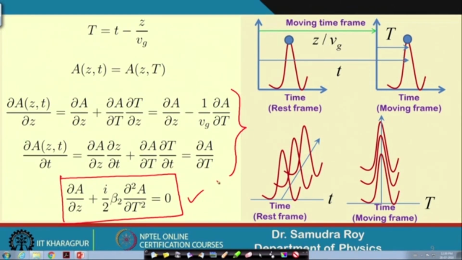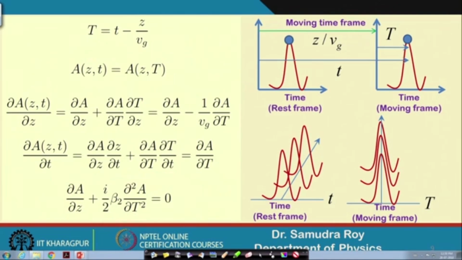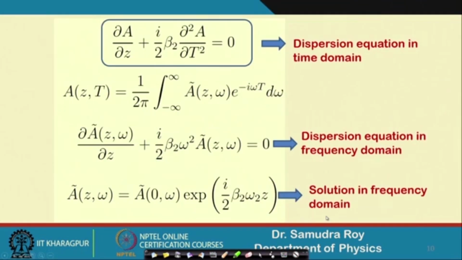You can just change this variable to this variable by using the chain rule, and you will readily get the result. The important thing is that now the entire expression is in terms of big T, which is the time coordinate in the moving frame. So the equation is further reduced by eliminating Vg.